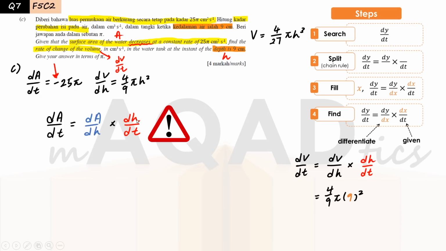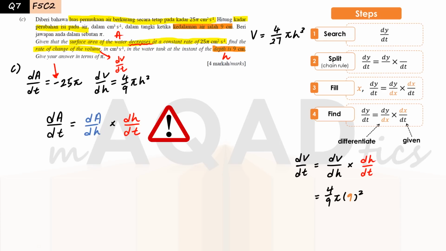Now to find dH over dt, we need to find out these 2 values. For this one it is given, so we don't need to do anything. But for this one, we need to do something, because if you want to get it, we need to differentiate first. But we don't even have the surface area formula yet. So let's find it now.